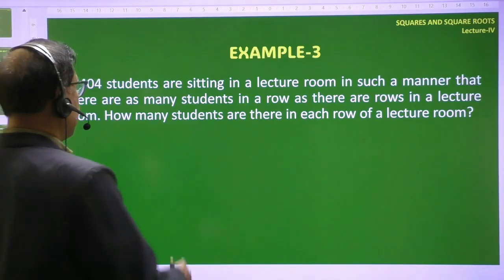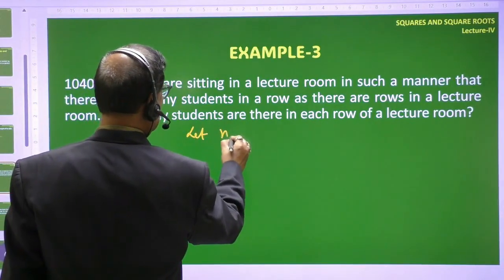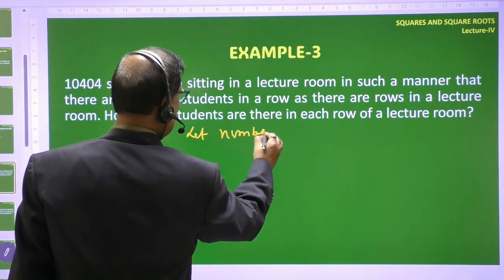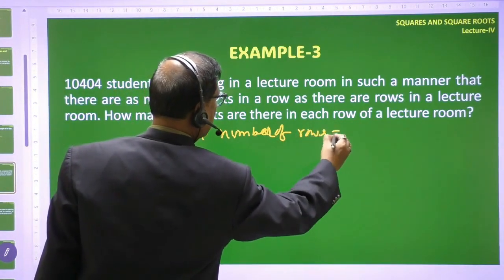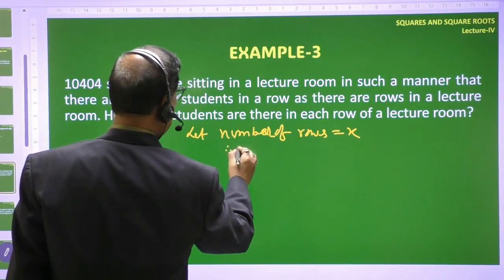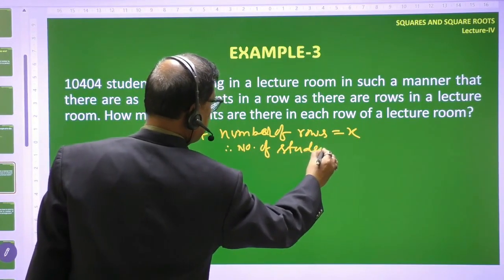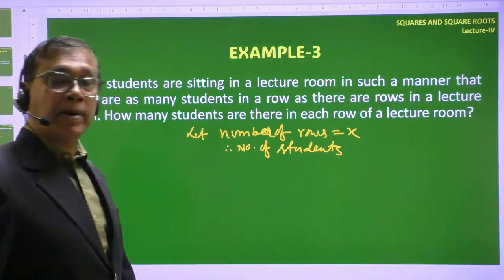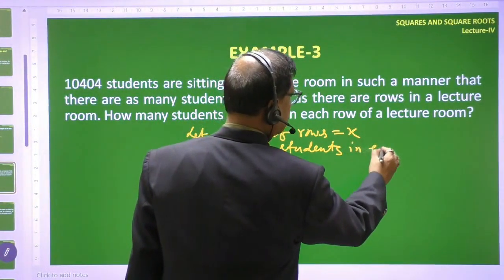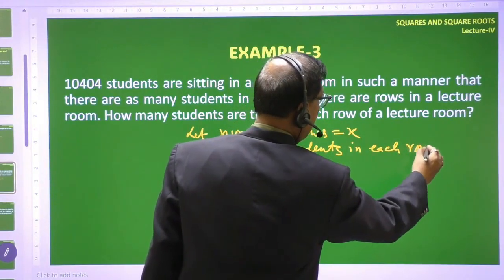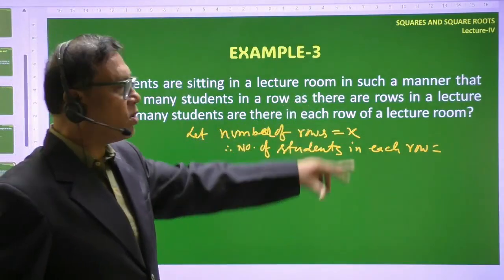So that means if I consider the number of rows x, let the number of rows equal x. The number of students in each row, how many? x, because the number in a row is the same as the number of rows in the lecture room.